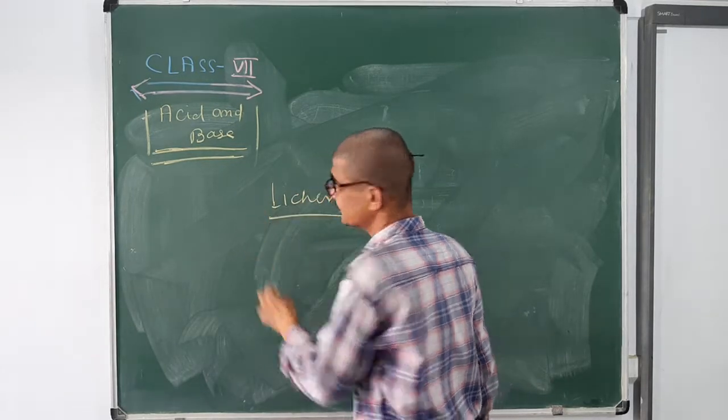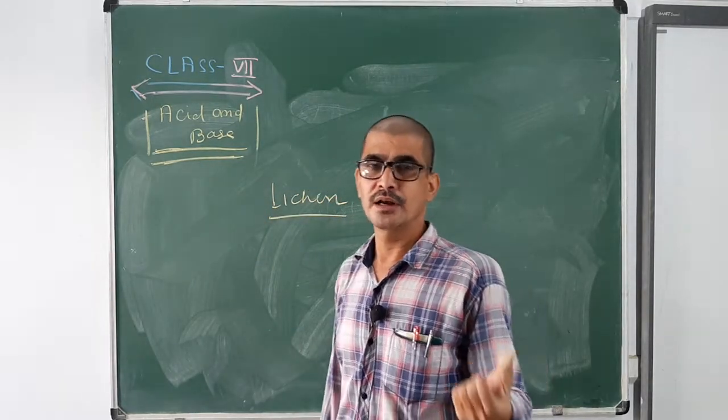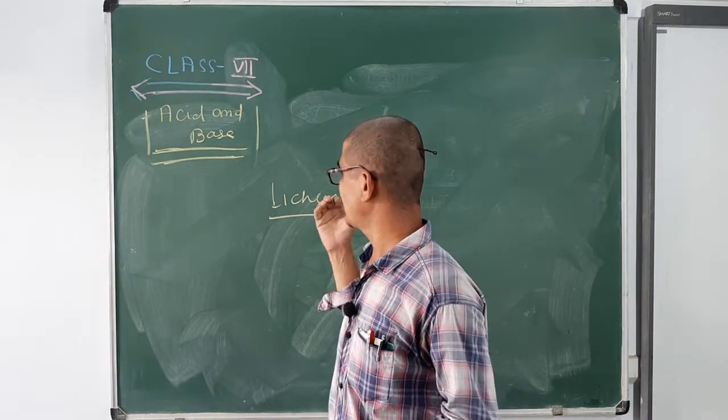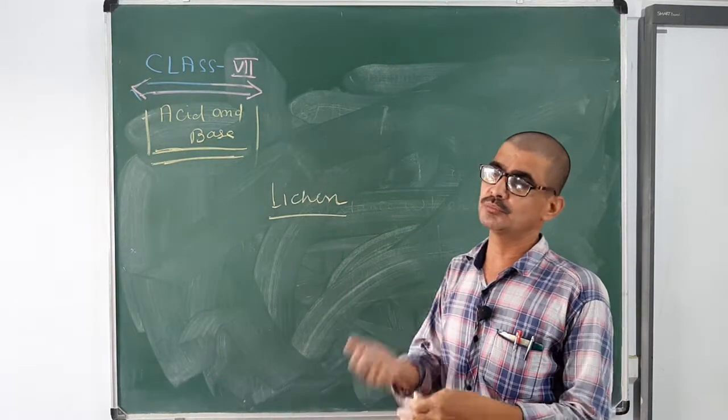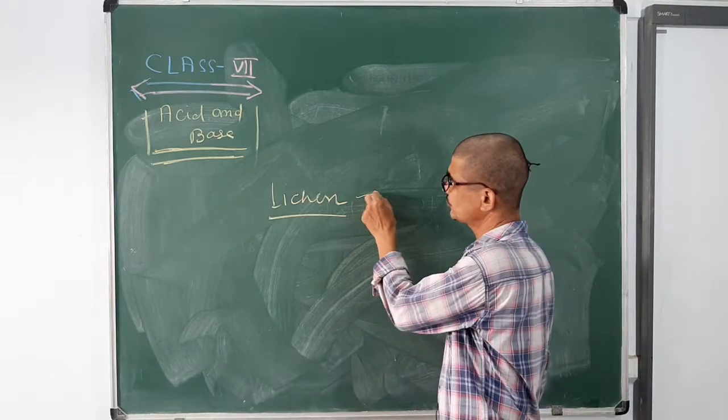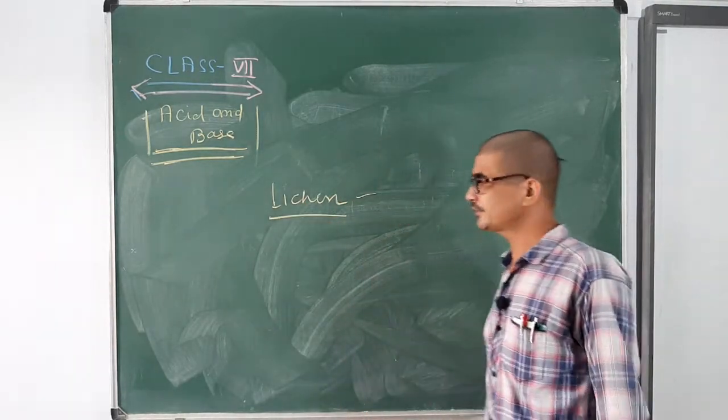Lichen is the substance which is present in litmus paper and that is responsible to change the color blue to red and red to blue. It is a very important question. You must learn these things.